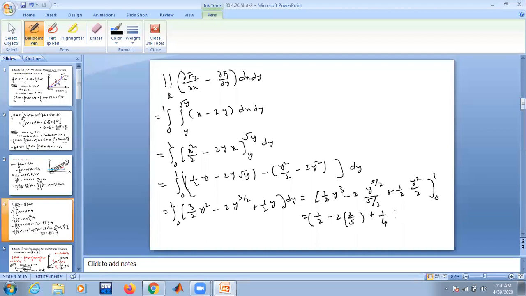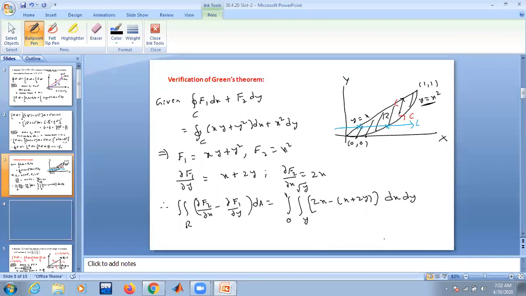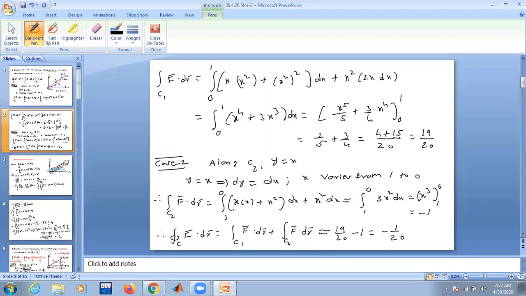Lower limit is anyway going to be 0. So what is the simplification? 20, 10, minus 4 fours are 16, plus 4 fives are 15, so 15 minus 16 is minus 1 by 20. Is this the value we got? Yes, minus 1 by 20.